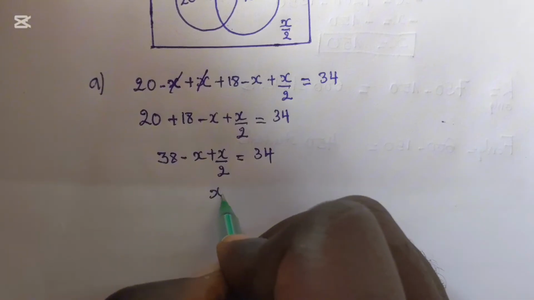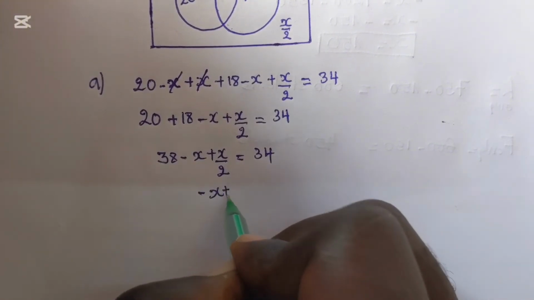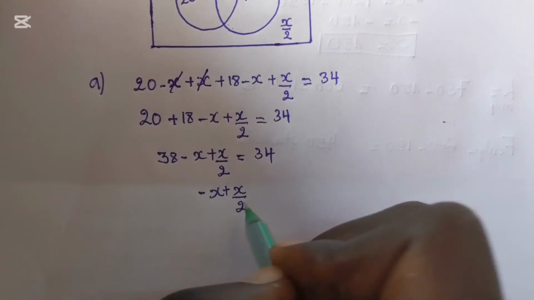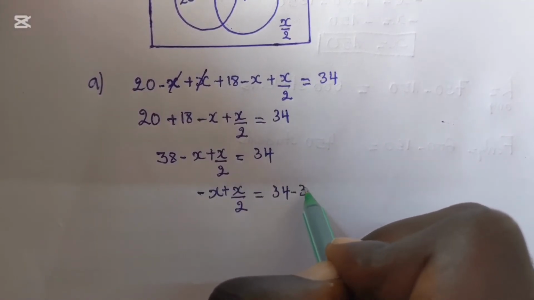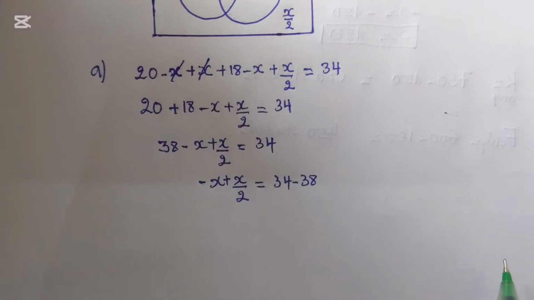Then negative x plus x over 2 will be 34 minus 38.